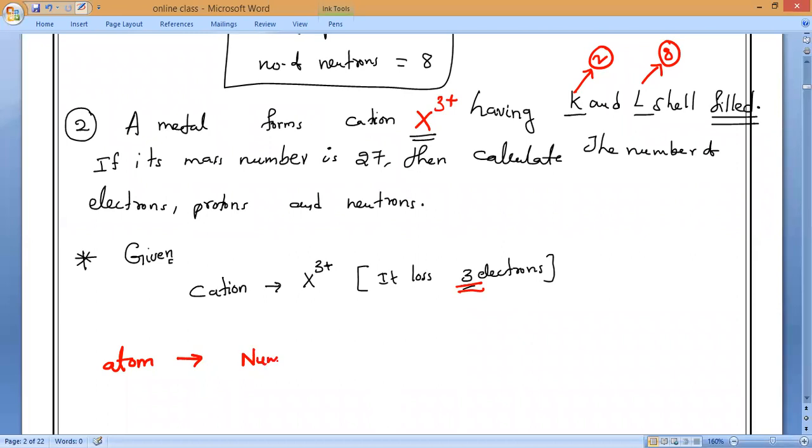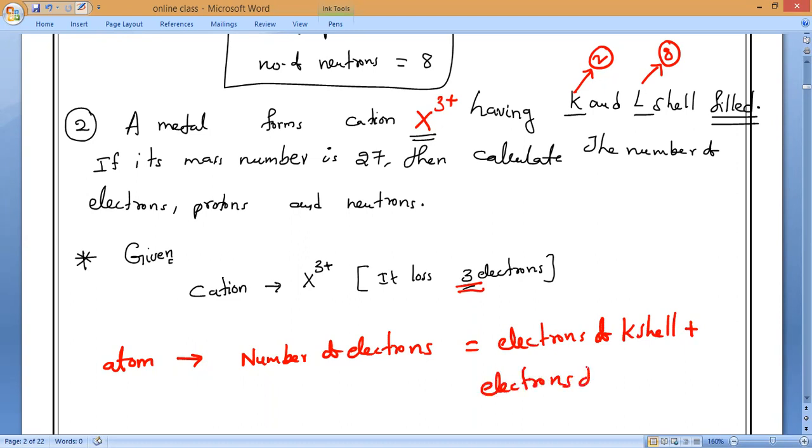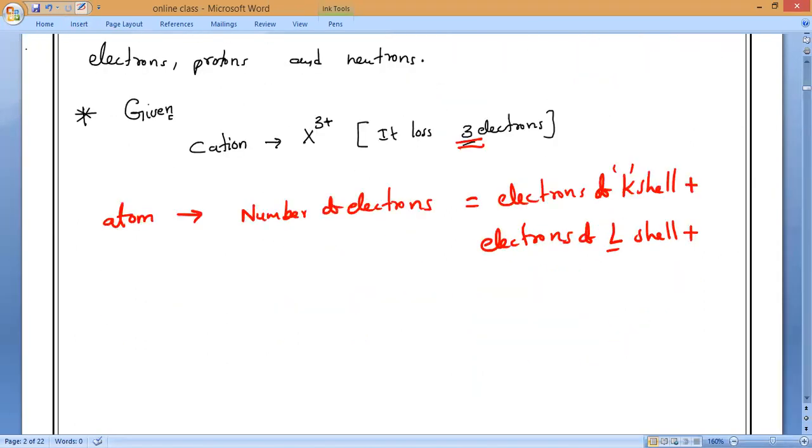The number of electrons is equal to the electrons of the K shell plus the electrons of the L shell, plus one more thing will come: the lost electrons, which is 3.